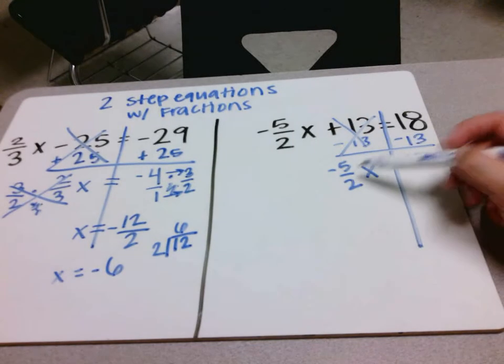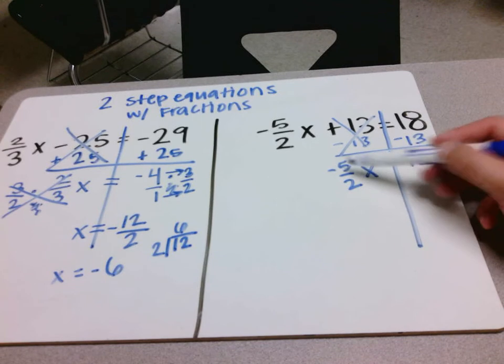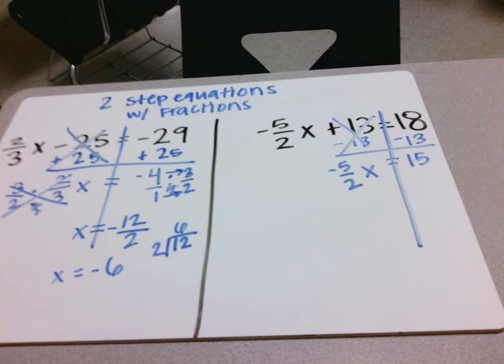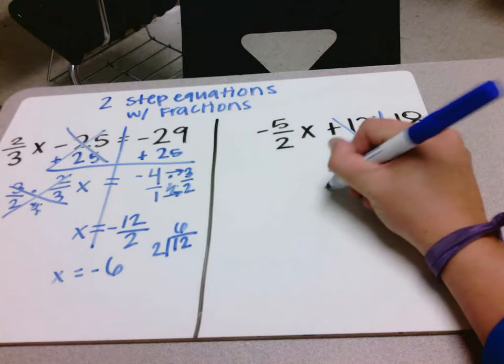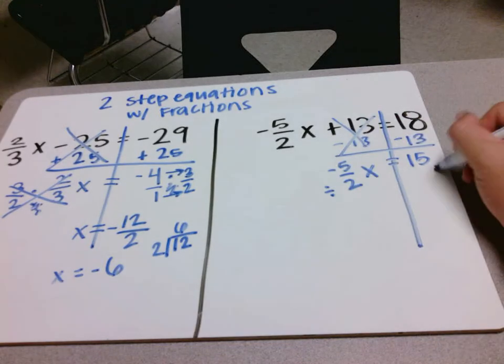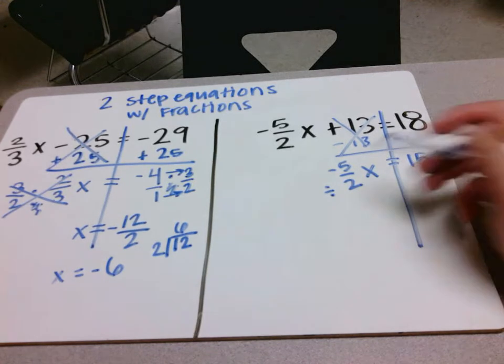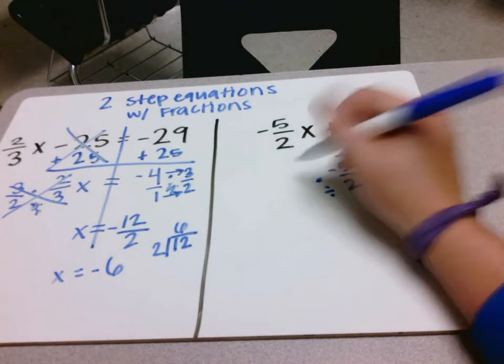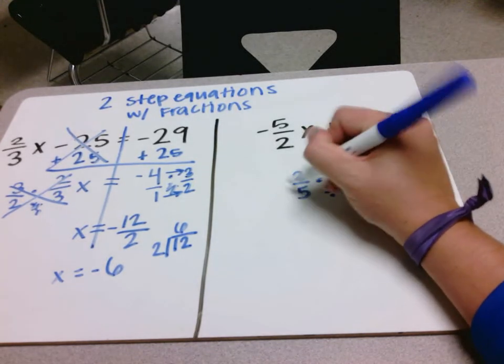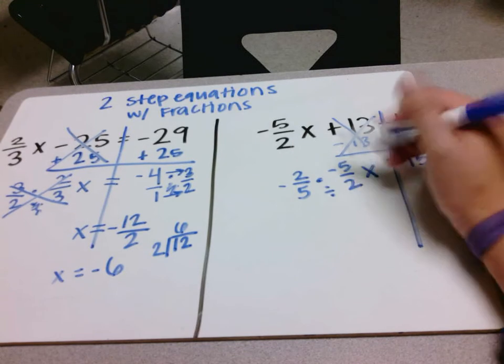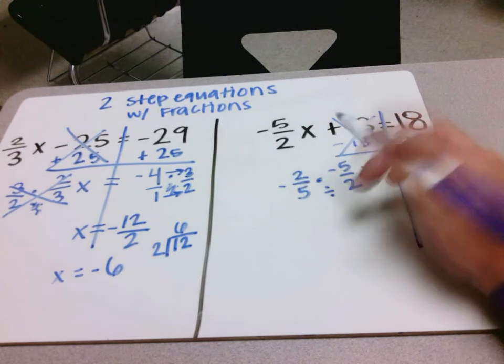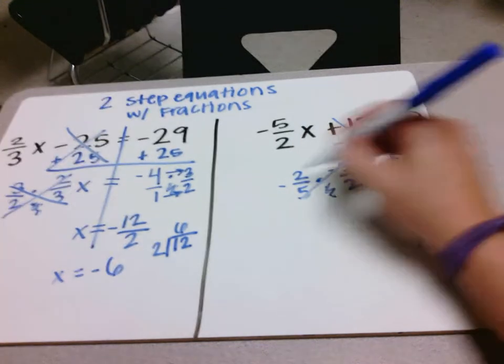So now I know that this 5 over 2, or negative 5 over 2, is being multiplied times x. So just like in the previous problem, we know that the inverse operation of multiplication is division. However, we also know that to divide fractions, you have to multiply by the reciprocal, which the reciprocal of negative 5 over 2 is actually negative 2 over 5. Those cancel each other out.